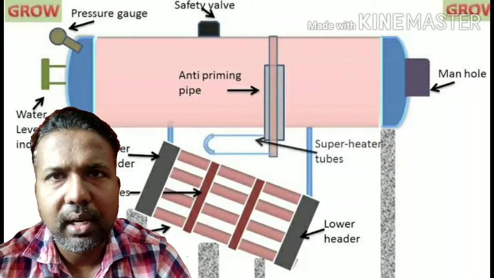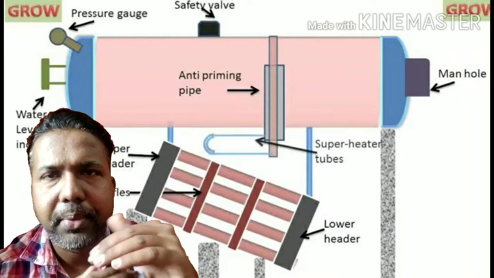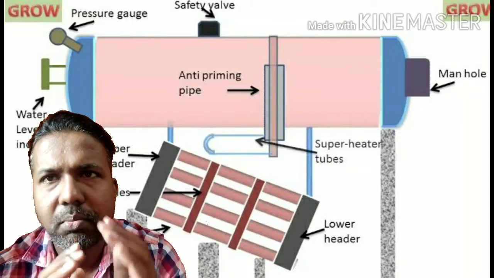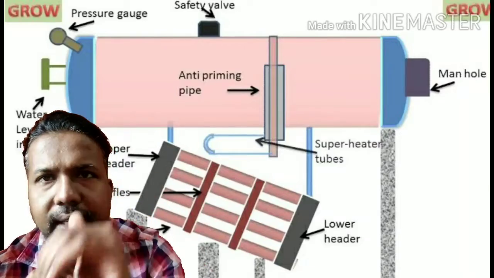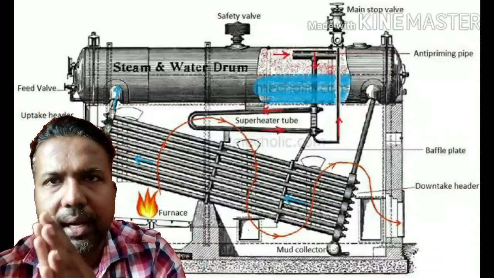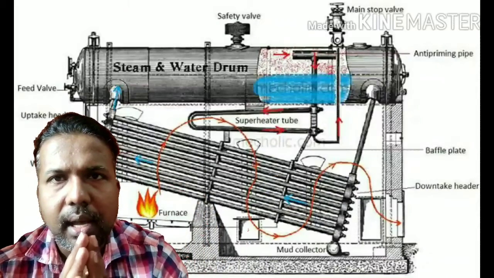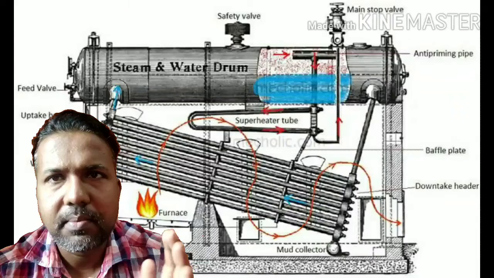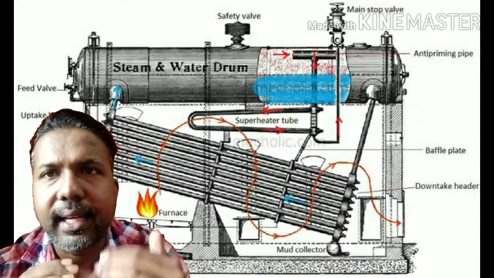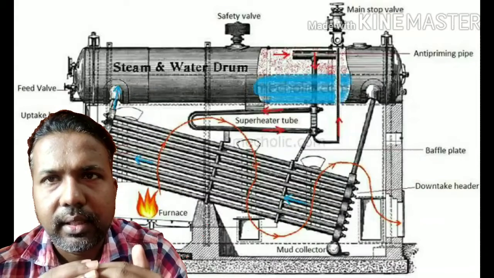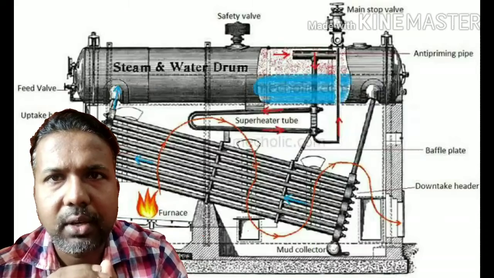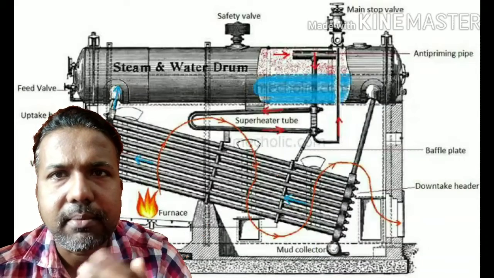The coal burning on the grate produces hot flue gases, and they are forced to move in a zigzag way with the help of the baffle plates. The baffle plates are mounted at the water tubes. As the hot flue gases come in contact with these water tubes, they exchange heat with the water, and the water starts to convert into steam.